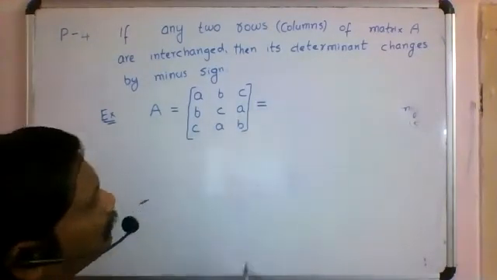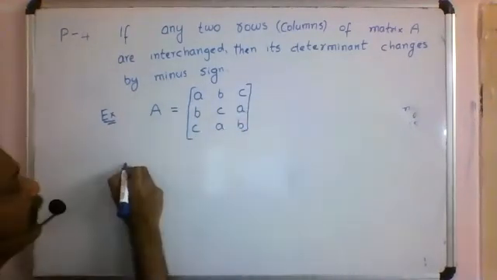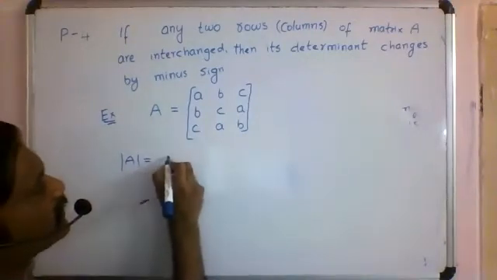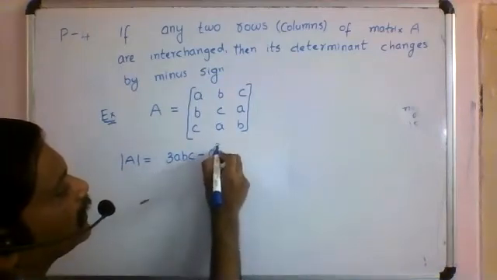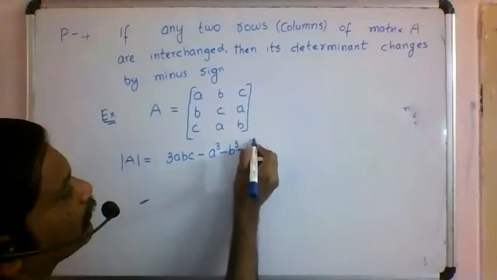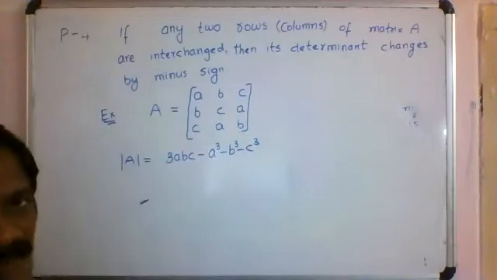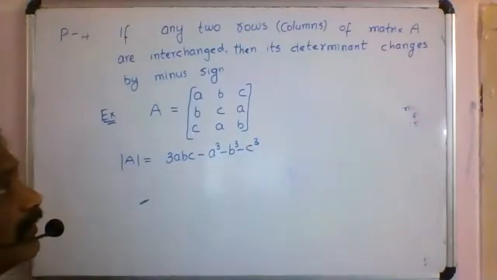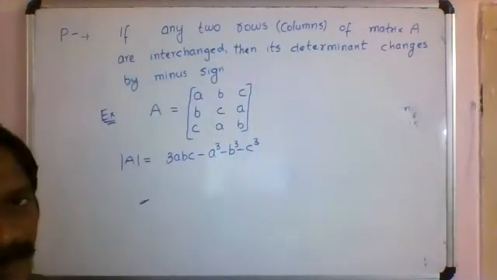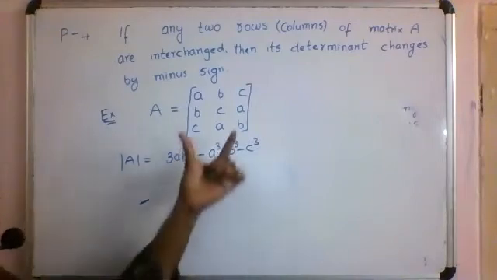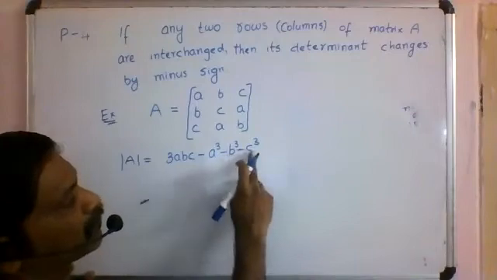You all know that the determinant value of ABC, BCA, CAB is 3ABC minus A cube minus B cube minus C cube. This is a very important determinant in matrices and determinants, whose value you have to remember.